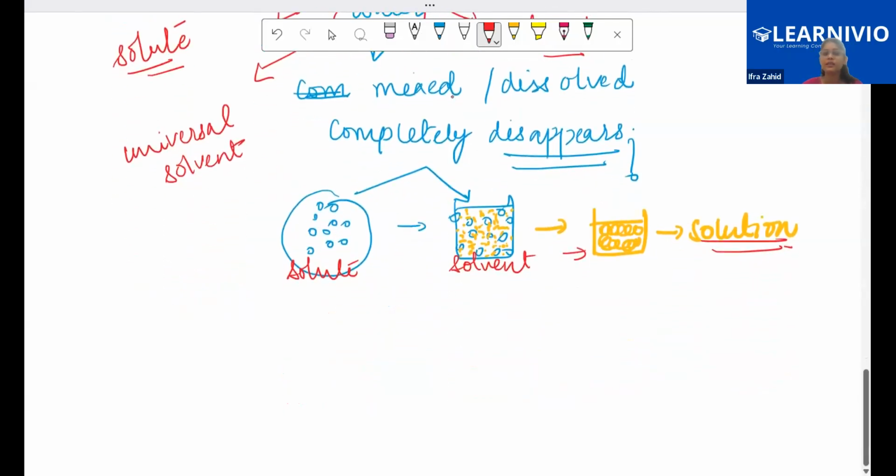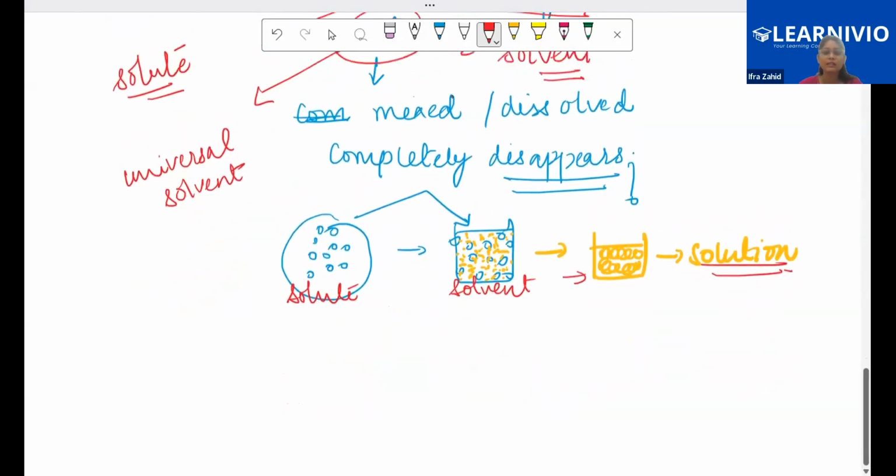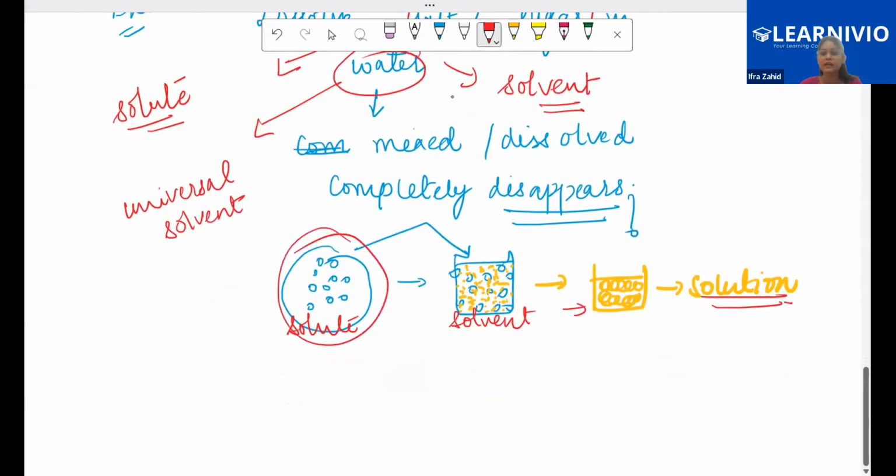Now there's one more thing. These salt particles are getting dissolved in this liquid. So as I told you, where are the salt particles going? They are taking up the space which is present between the particles of the liquids, correct?